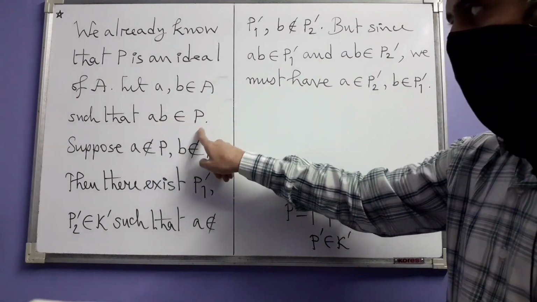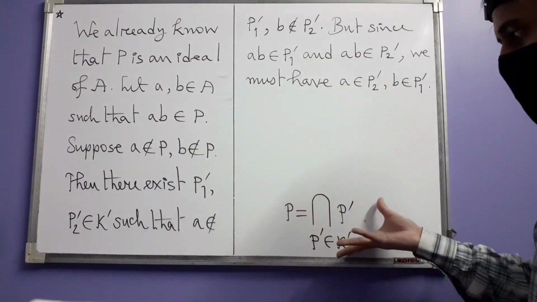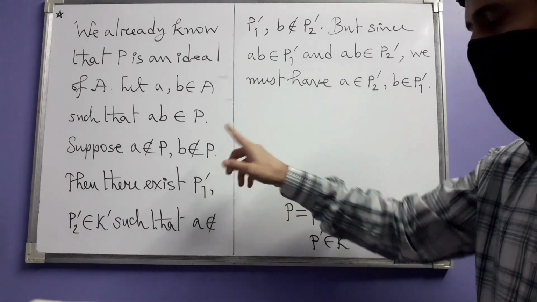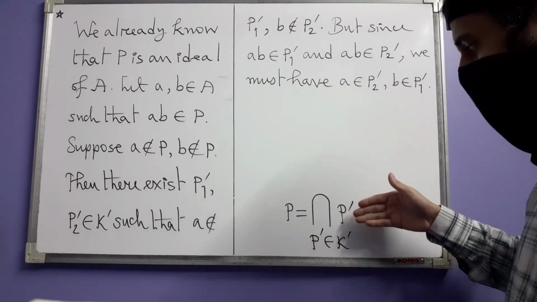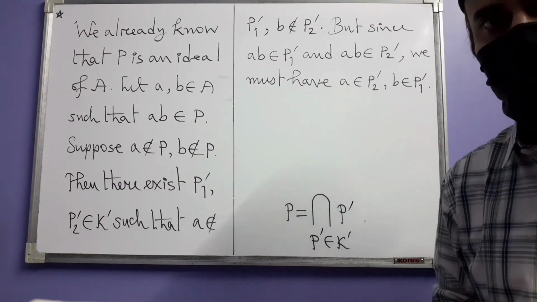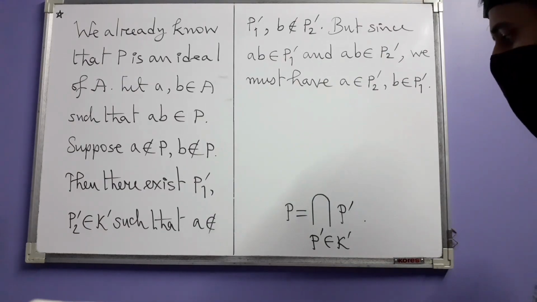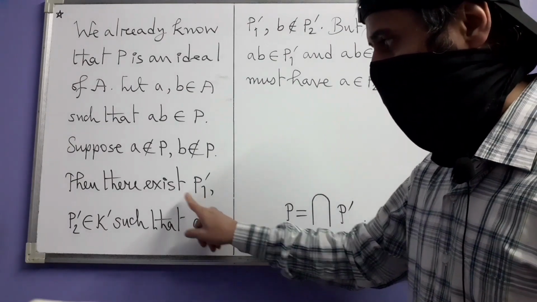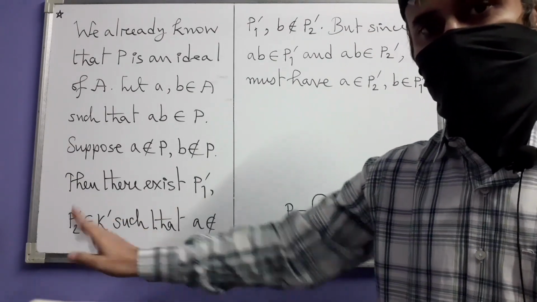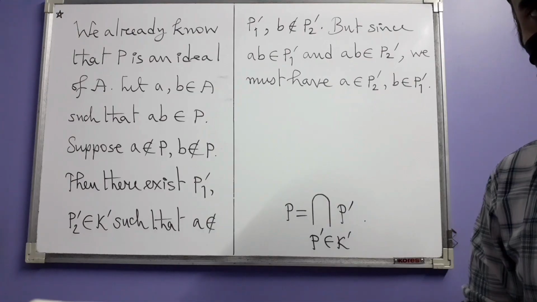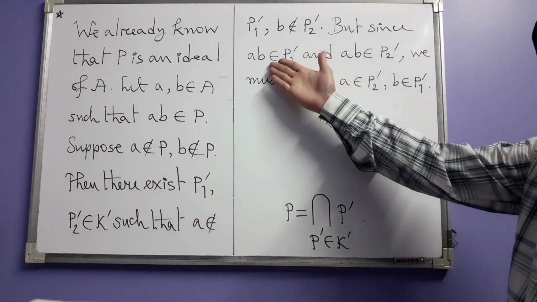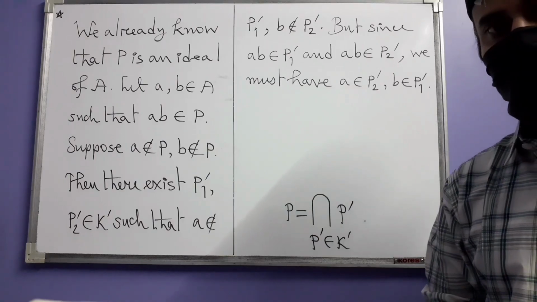Because AB belongs to P and P is this intersection, automatically AB would belong to every set that has been considered in this intersection. In particular, AB would belong to P1 prime and P2 prime because they are coming from K prime. So they are also included in this intersection. So that's how we have this and this.